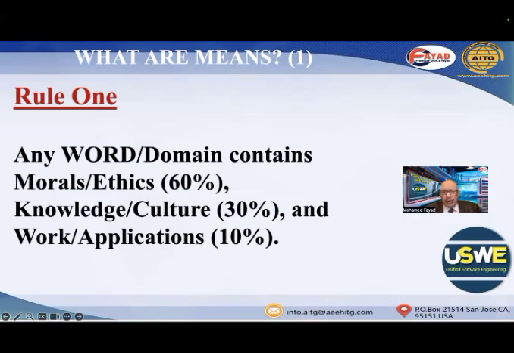So any word or domain contains morals and ethics, 60%. If morals and ethics do not exist, this is a disaster. It's considered 60%. Are we talking about unified software engineering? Should it have morals and ethics?